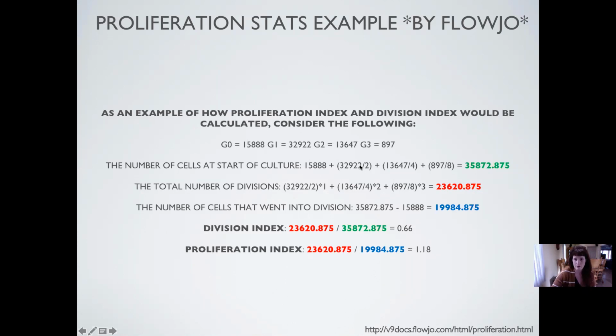Because that's how many there were to start. And then as you're looking at the divisions, if there's roughly 32,000 in that generation 1 population, the starting would be that divided by 2. Generation 2 would be divided by 4, and so on and so forth. And I have an example of that on the next slide.